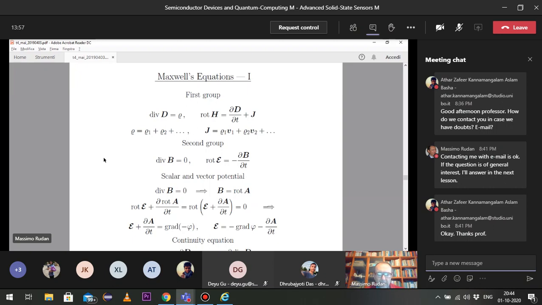So we can count how many functions are in principle necessary to describe the electromagnetic field.